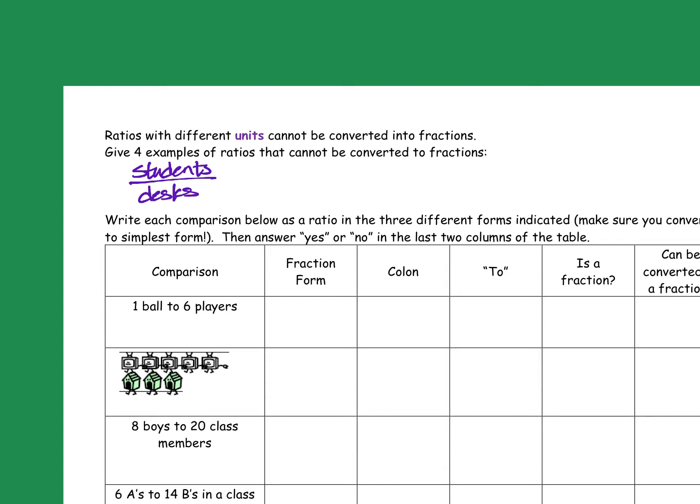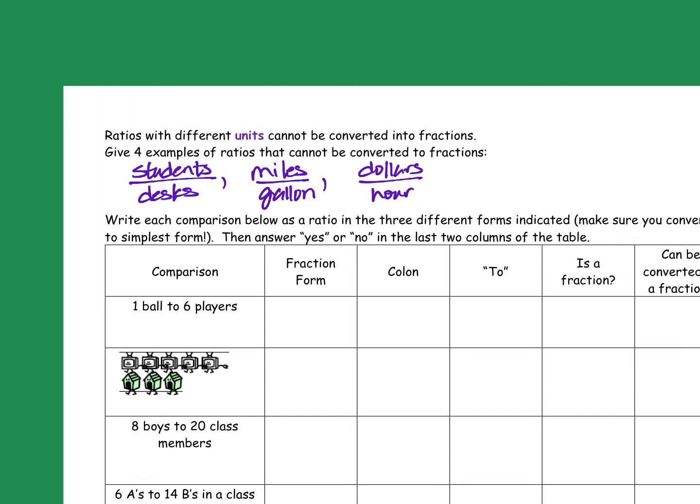Or, let's see, miles per gallon. That can't be converted because they don't have anything to do with each other. Another one, if you work, this is a good one: dollars per hour.